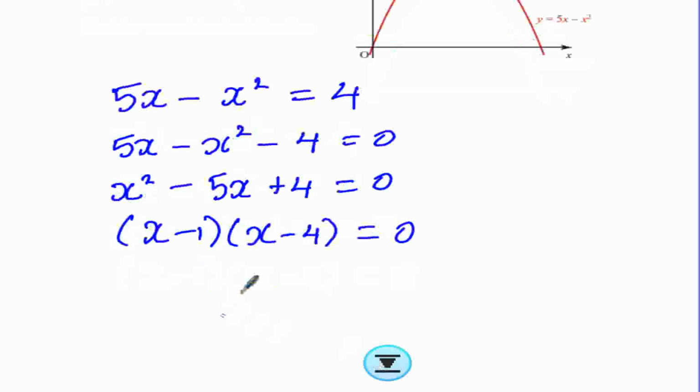So the next part is getting x equals 1 and x equals 4.